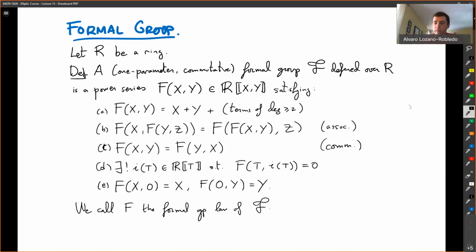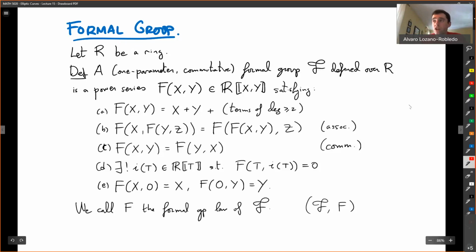We usually call the pair the formal group, but actually the formal group and the power series are essentially the same thing. There is some redundancy in the definition.